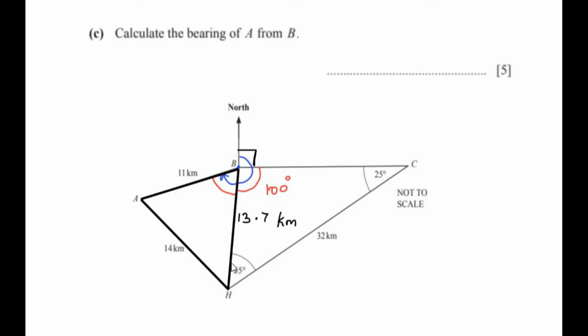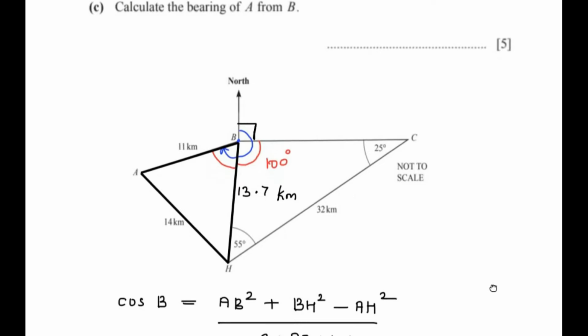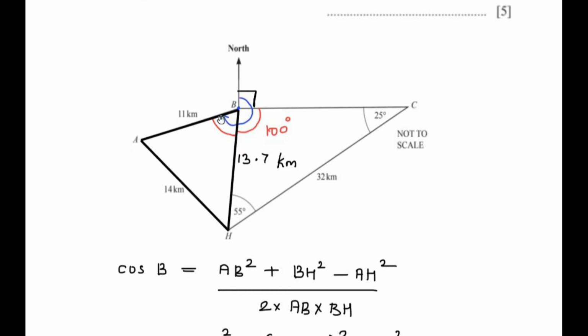And in the previous part of this question, we had also got the value of side BH as 13.7 km. Now if we take this triangle ABH, we have the value of side AB, side AH and side BH. There is a missing angle, which is angle ABH. So here we can make use of the cosine rule. So let me write here. Now the cosine rule is cos of the angle which we need to find.